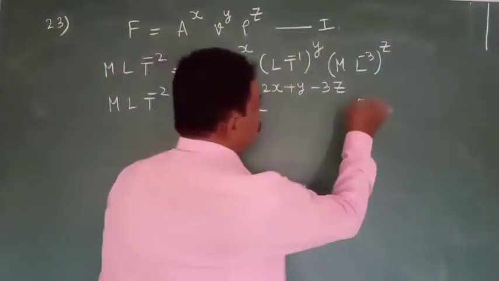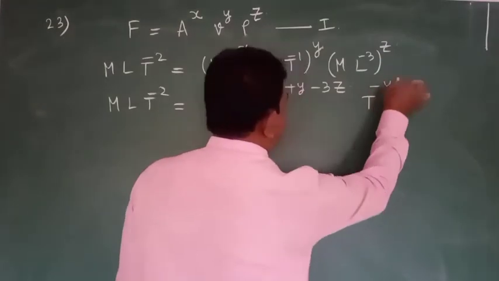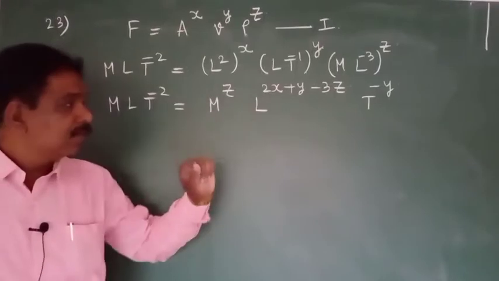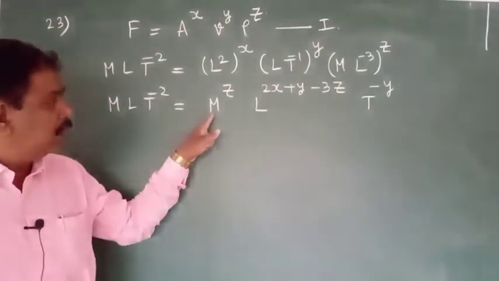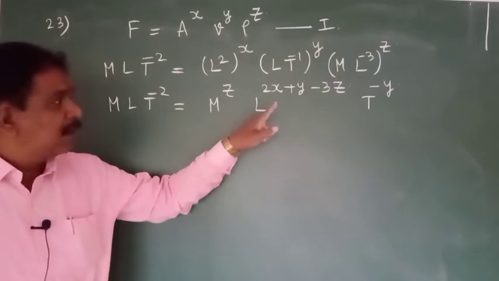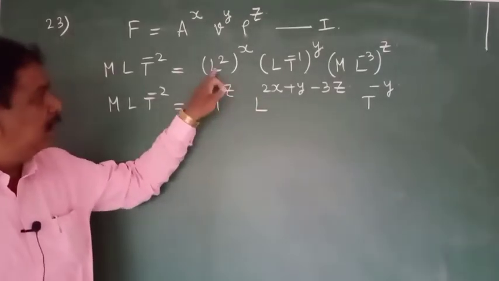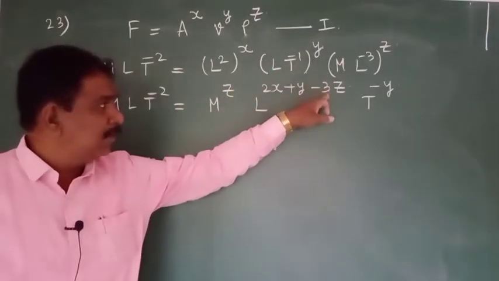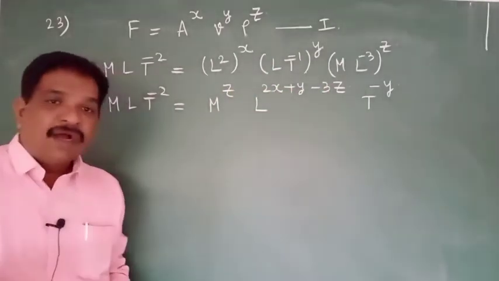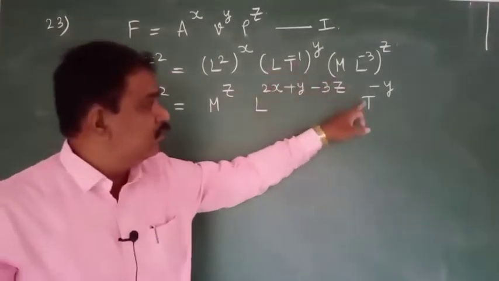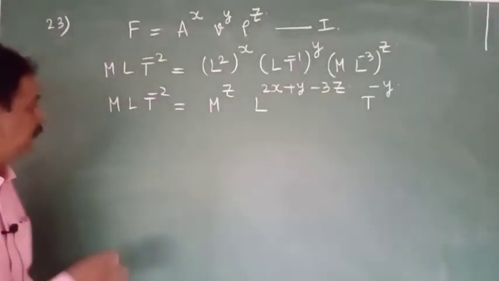T power minus y. Okay, like this we have to write. All M powers, only one M is there. All L powers at one place. All T powers, only one T is there, so T power minus y.